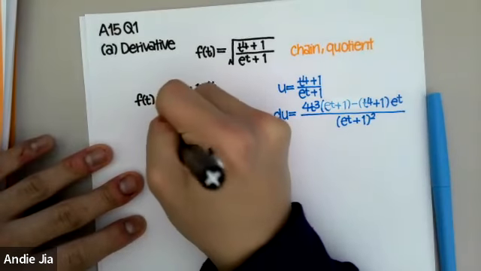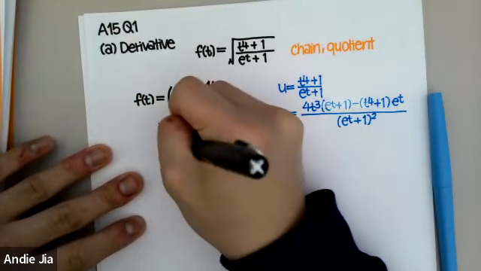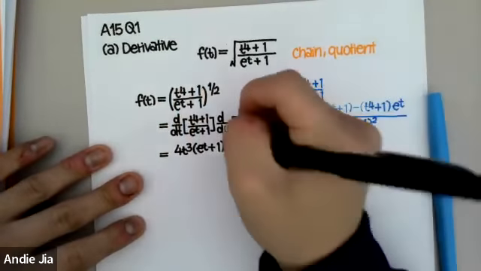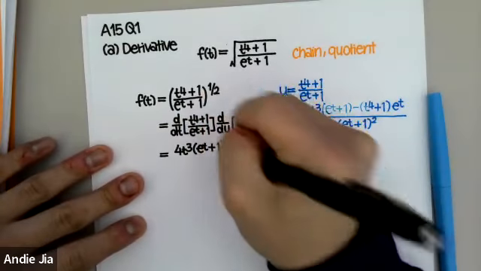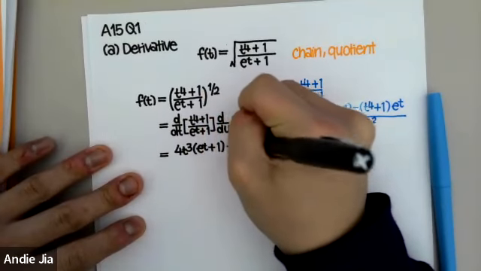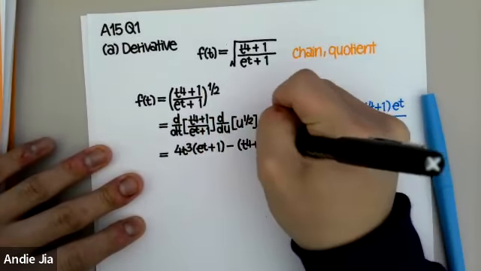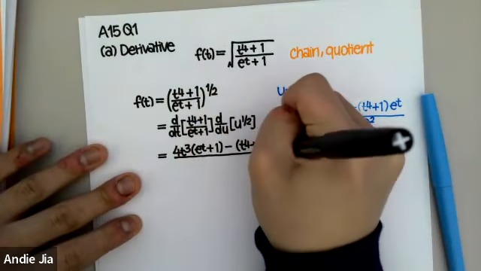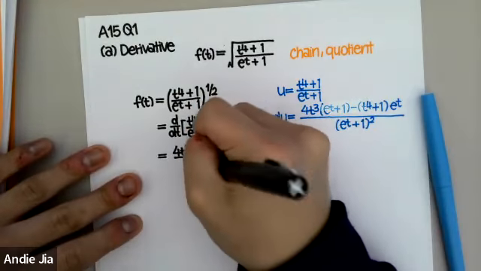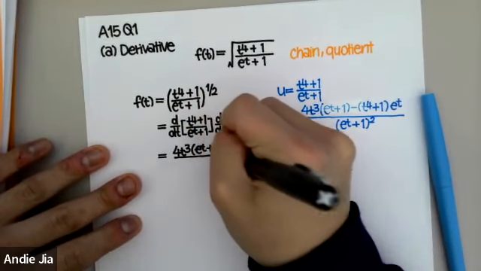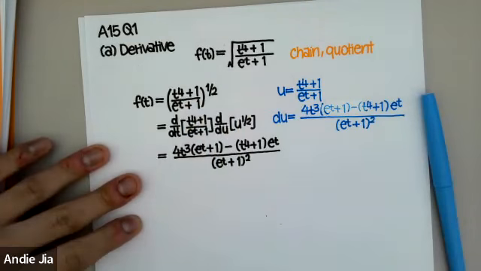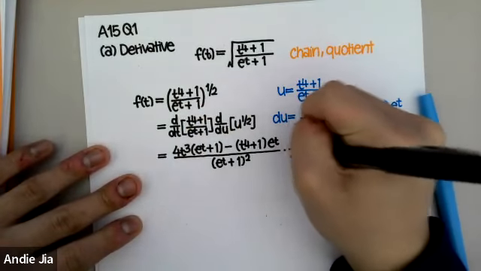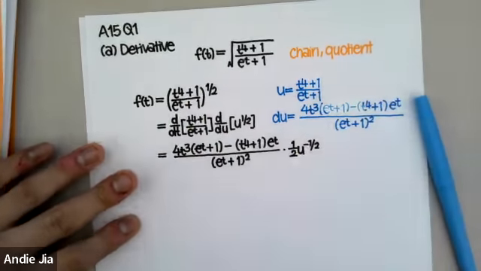I know this is a mess. Just multiply everything, minus the t to the 4 plus 1 times e to the t over this messy square, times 1/2, using a negative 1/2.